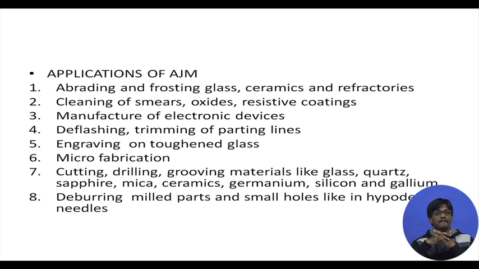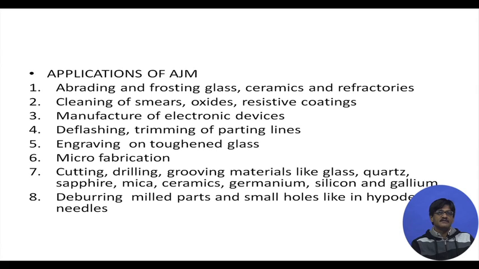Microfabrication can be done, and then we have a list of materials on which regular machining operations like cutting, drilling and grooving can be done. What are these? Glass, quartz, sapphire, mica.